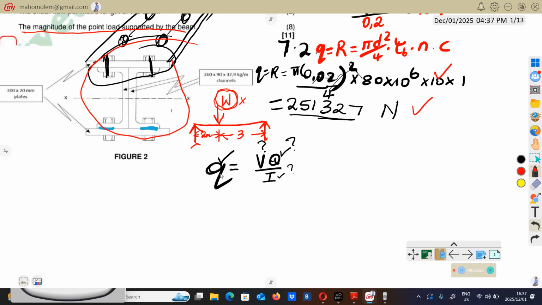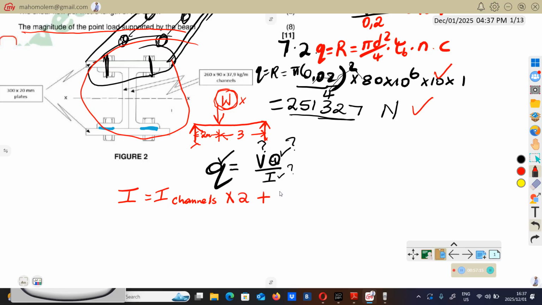So remember, this section is made of channels. Then we've got 2 of them, so we're going to multiply by 2.